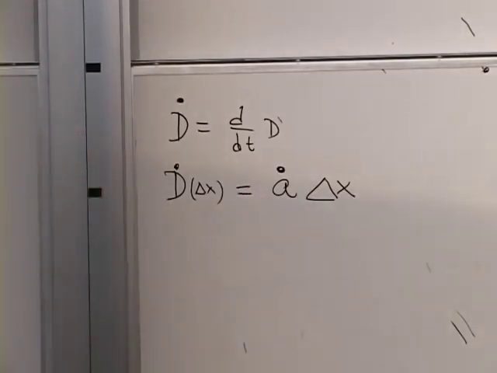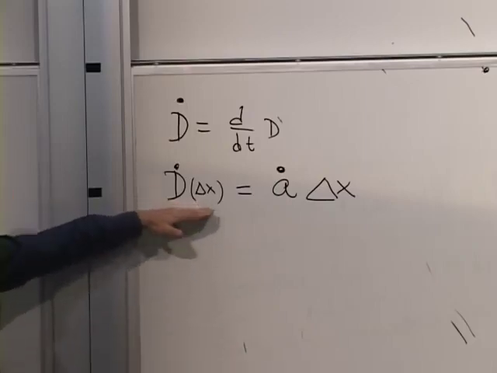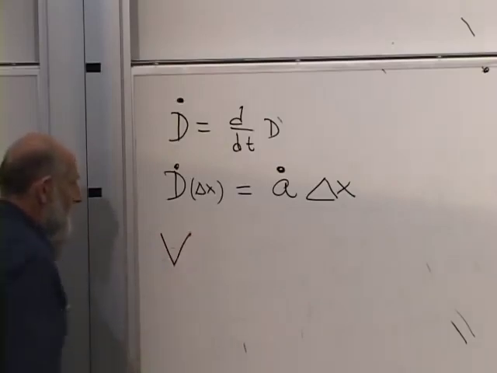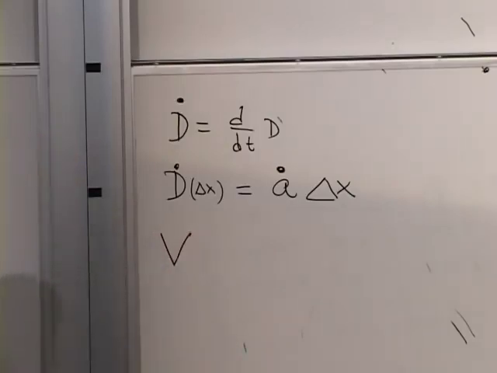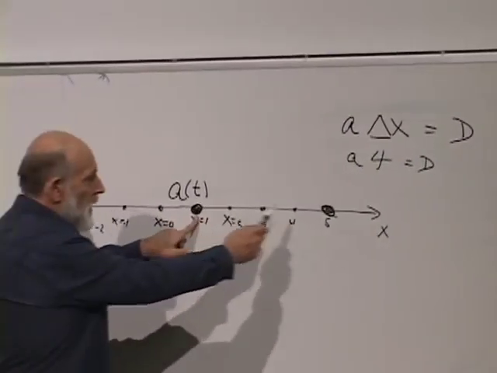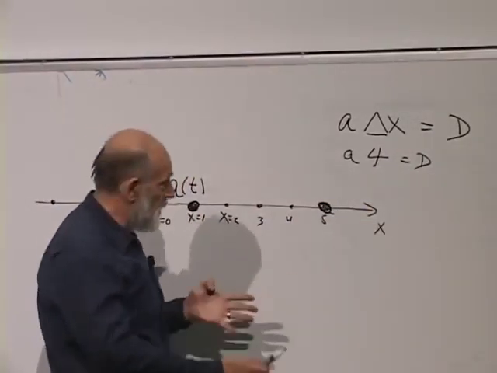Now, what do we call this? We call this the velocity, the relative velocity between the two points. It's the velocity that the astronomer at x equals 1 would see x equals 5 moving away from him or moving toward him.